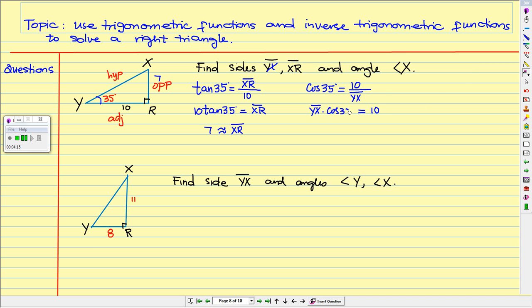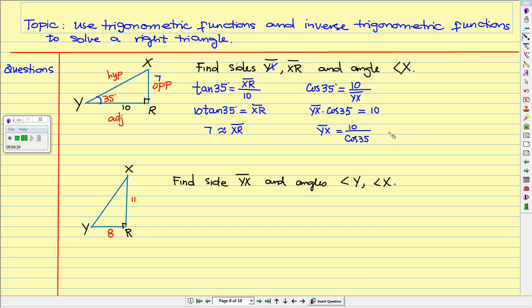Now I have to correct my number 5 because it doesn't look clear. So this is 35 degrees. Next, you divide each side by cosine of 35. So your side length YX is 10 divided by cosine of 35.